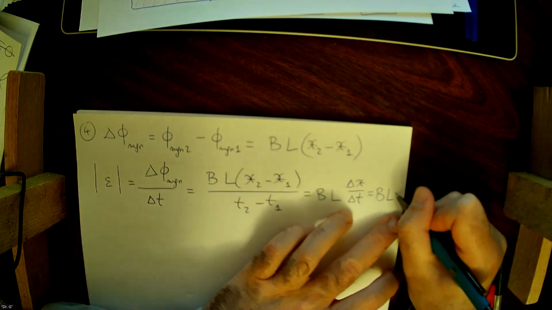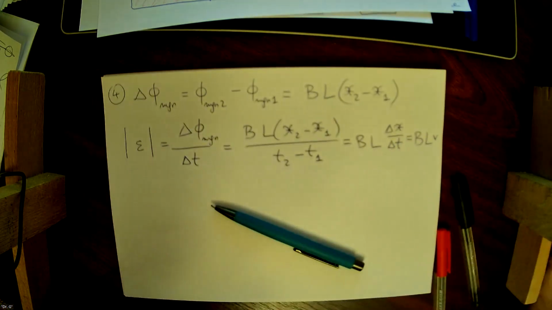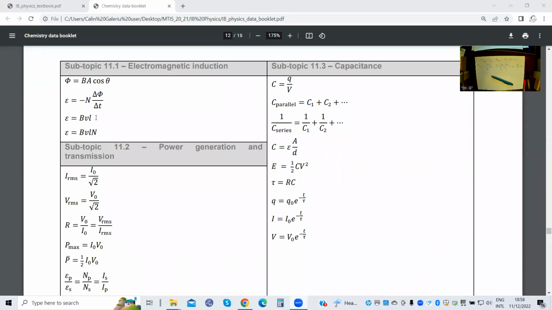So this is B L v. This is the formula we wanted to derive. E equals B L v. Please notice that there is no plus or minus sign here because that is meaningless unless you explain how you connect the voltmeter.